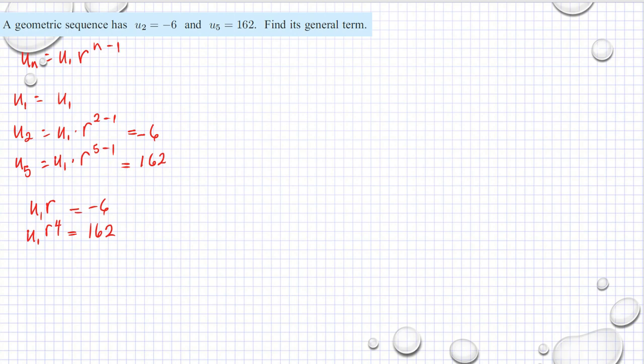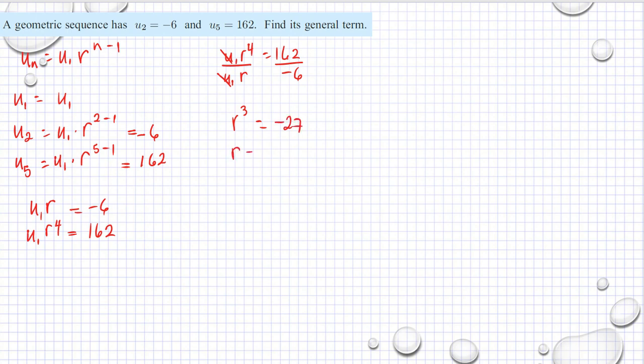We have u sub 1 r raised to 4 is equal to 162, divided by u sub 1 multiplied by r divided by -6. Then this will become 1. Then we have r raised to 3 is equal to 162 divided by -6. We have -27.